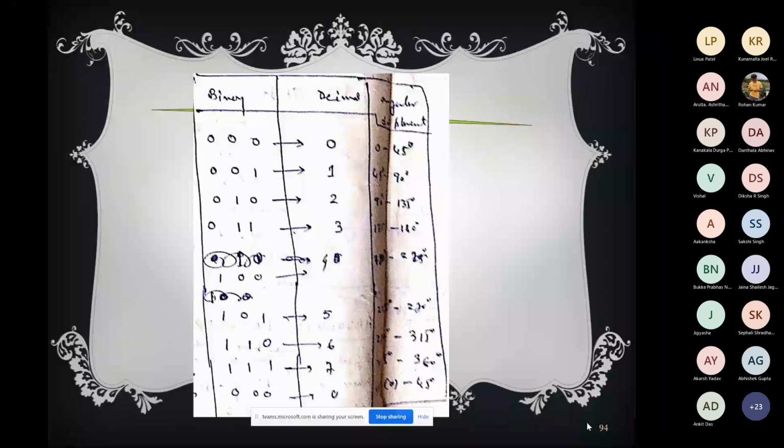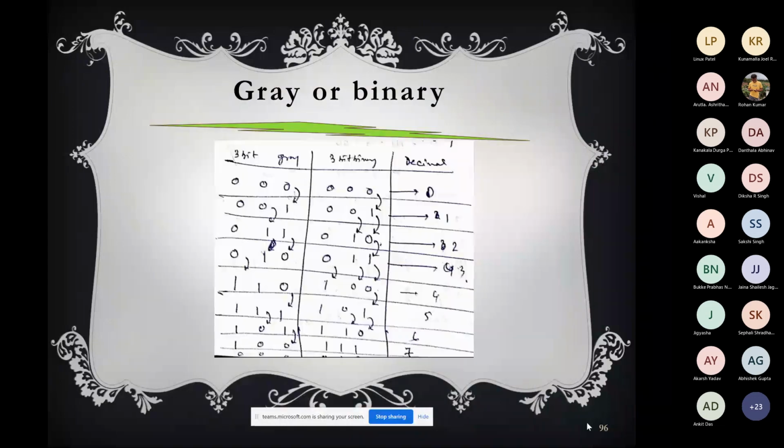Now, there is a very interesting consideration we should consider. You see the right hand middle column, it is a binary code. In the binary code you have 0 0 0, next you have 0 0 1.